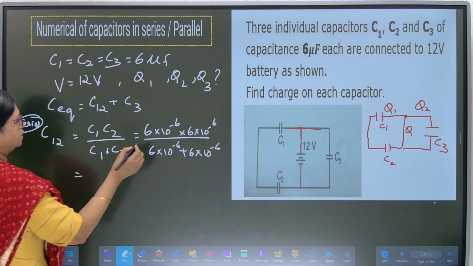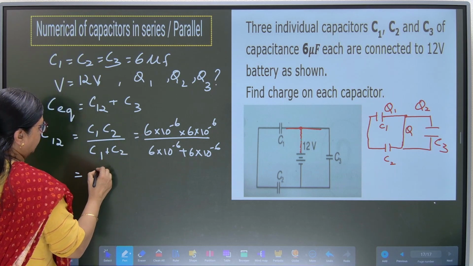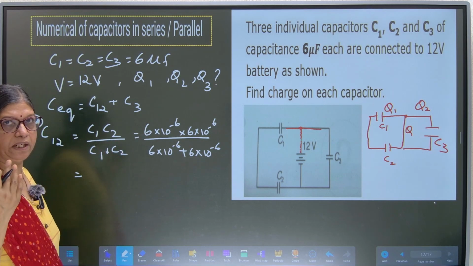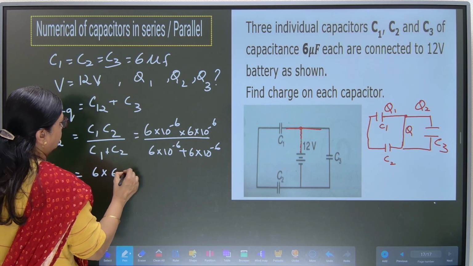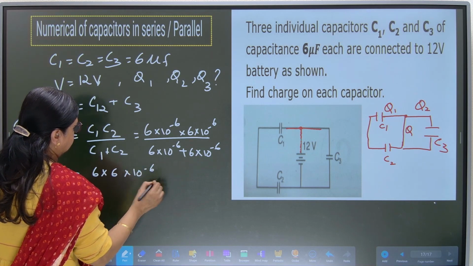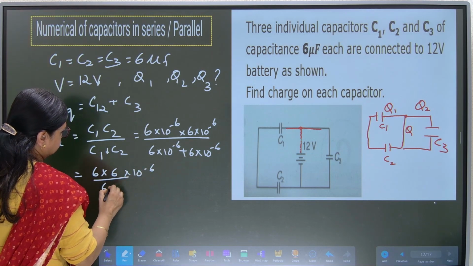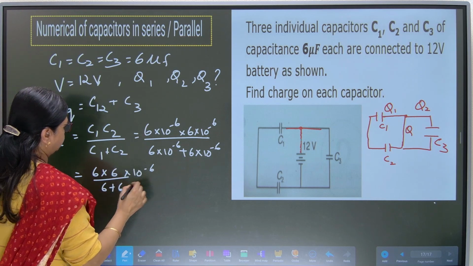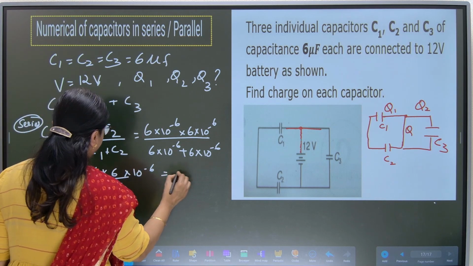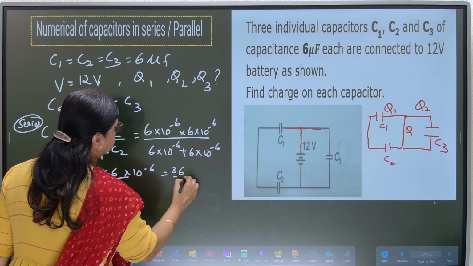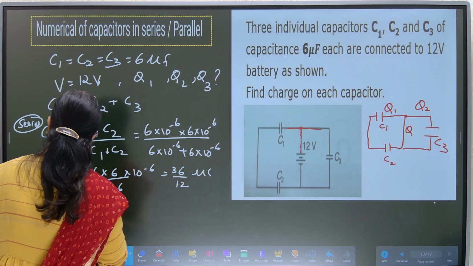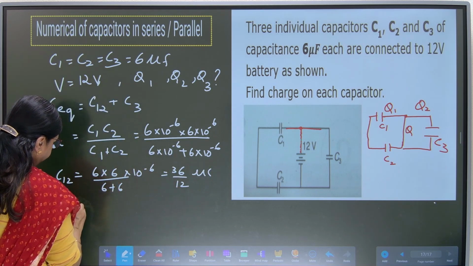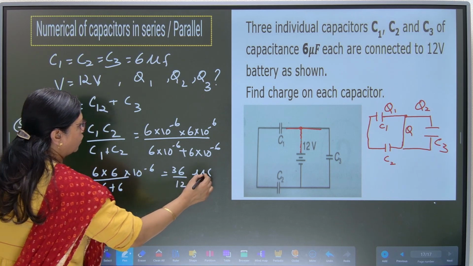Even if you don't write 10 raised to minus 6, it is fine. You will get 6 into 6 into 10 raised to minus 6 divided by 6 plus 6. However you want to do the maths, you can do, which is equal to 36 upon 12 microfarad.